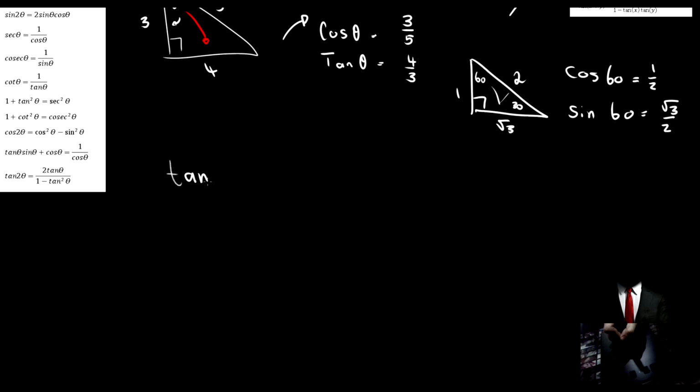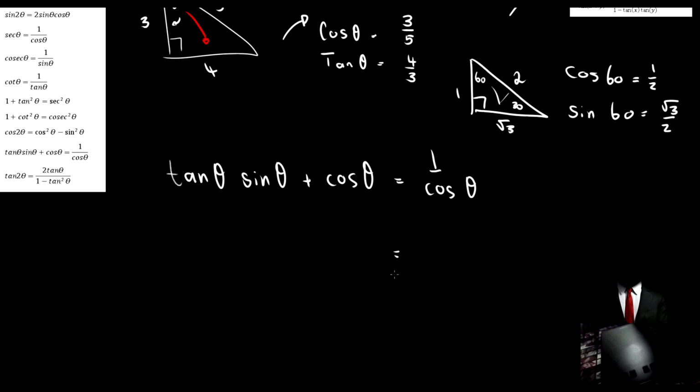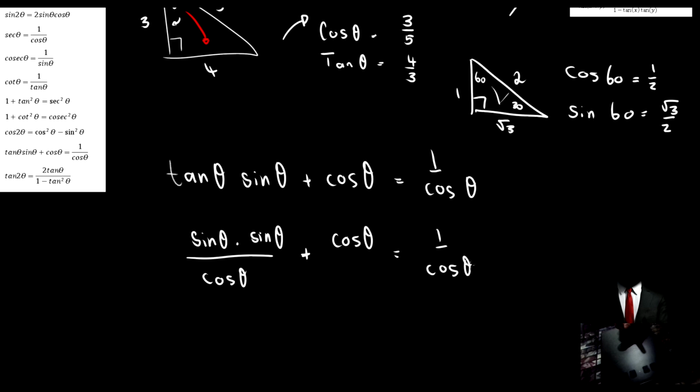So now we have tan of theta, sine of theta, plus cosine of theta, and we need to rewrite this as 1 over cosine theta. Okay, so earlier we learned that tan of theta can be rewritten as sine of theta over cosine of theta, times sine of theta plus cosine of theta over 1 over cosine theta.